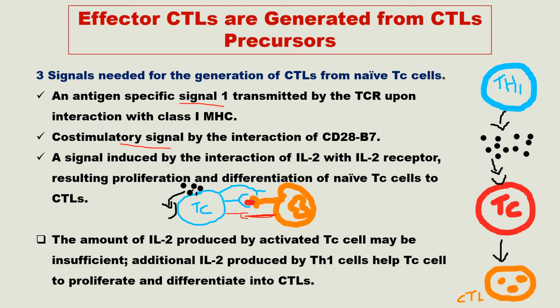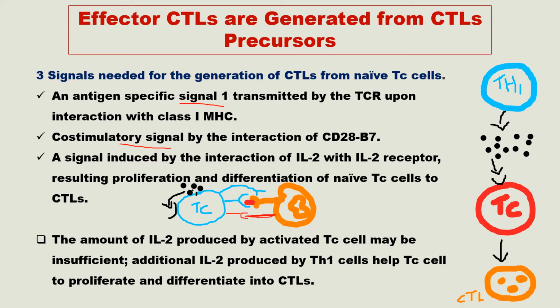Next, a signal induced by the interaction of interleukin 2 with the interleukin 2 receptor results in proliferation and differentiation of naive TC cells to cytotoxic T lymphocytes. After getting signal 1 and the co-stimulatory signal, this TC cell will produce and secrete interleukin 2. This interleukin 2 is an autocrine signal that binds to the interleukin 2 receptor present on the surface of the TC cell.